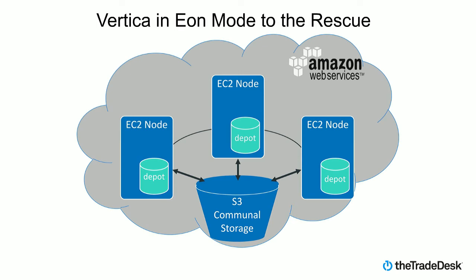It's not as fast as if the data was local to the nodes, but what Vertica did is they built a caching layer on each of the nodes, and that's what the depot represents. The depot is some amount of disk that is relatively local to the EC2 node.